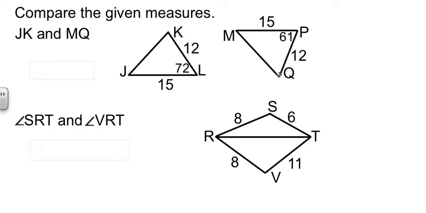Well, it all depends on the angle. A 72-degree angle is bigger than a 61-degree angle. So that means JK is greater than MQ. Everything else was identical. The bigger angle gave you the bigger side. If you wanted to say MQ is less than JK, that would be correct as well.